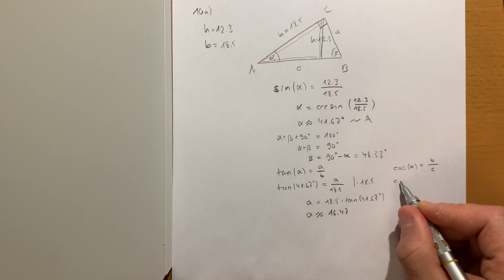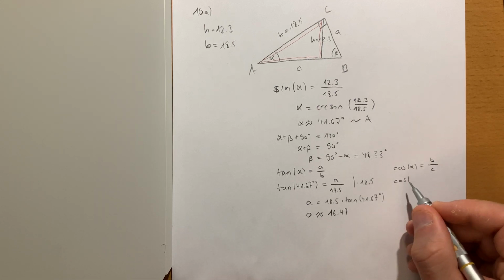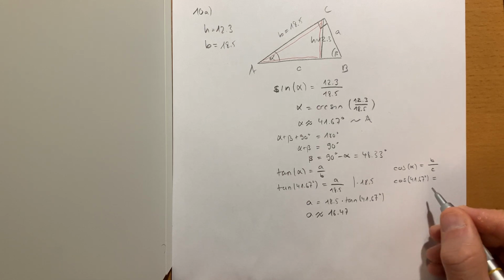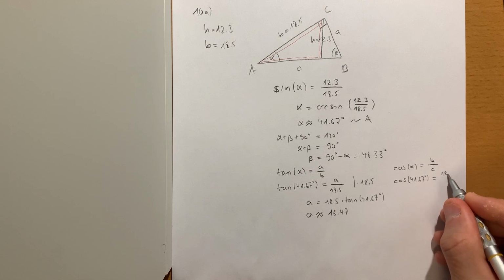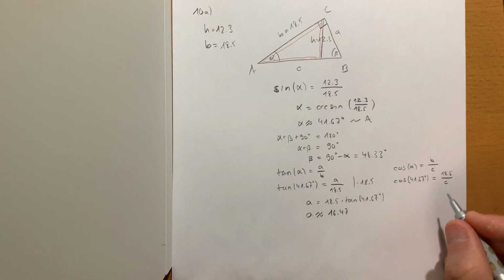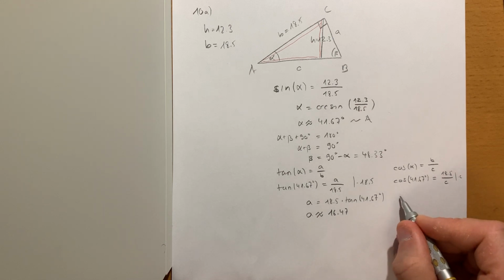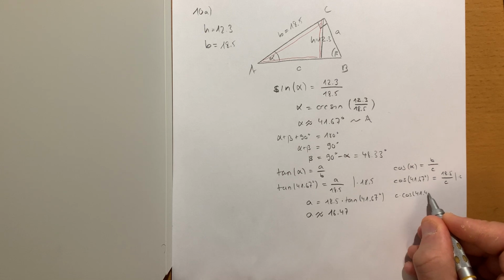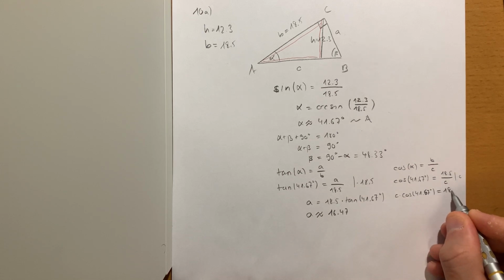So we can plug in all the numbers we know. This is 41.67 degrees. We do know B 18.5, but we don't know C. So we multiply by C. So we get C times cosine of 41.67 degrees is equal to 18.5.